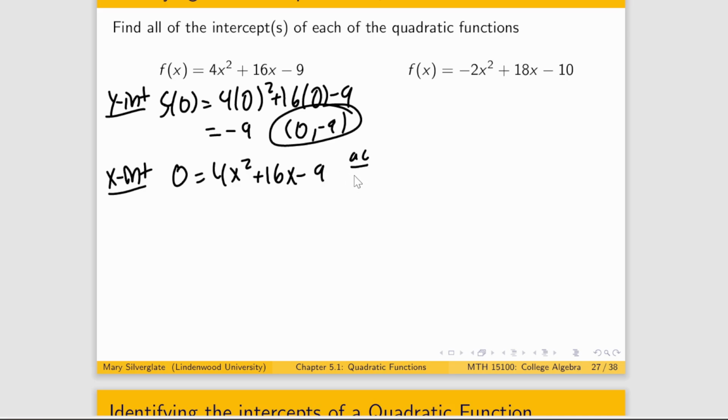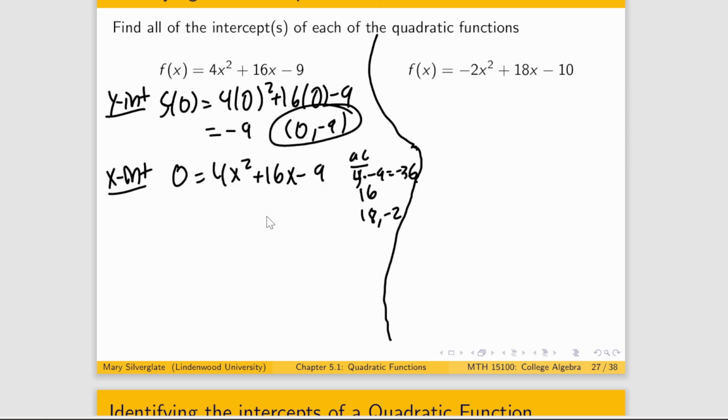So A times C, that's 4 times -9 is -36. So I want to see if there's anything that multiplies to -36 but adds to +16. So if I'm brainstorming some factors of -36 that will actually eventually work, +18 and -2 will multiply to -36 and add to +16.